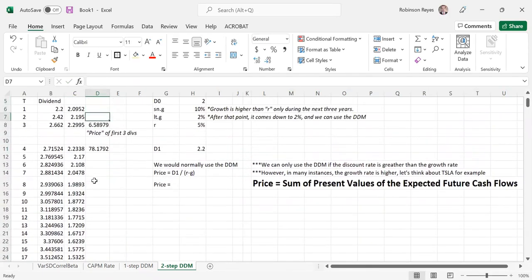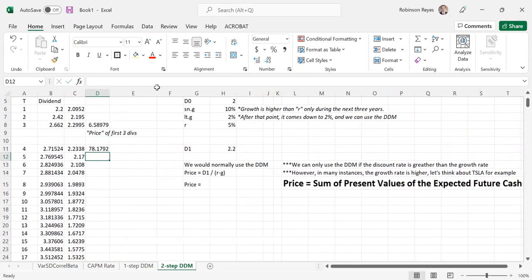And we end up with this price. Now, this is the price, and I'm going to make this column wider just to have more space. This is the price of dividends 4 and thereon, which we already know are growing at a growth rate of 2% only.